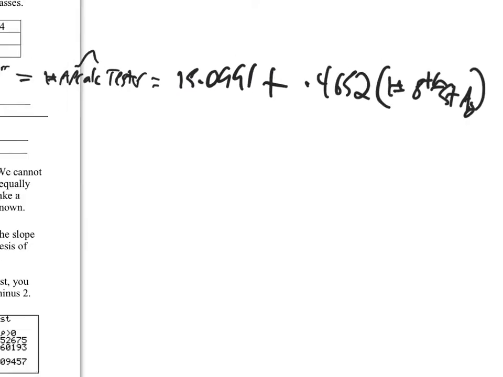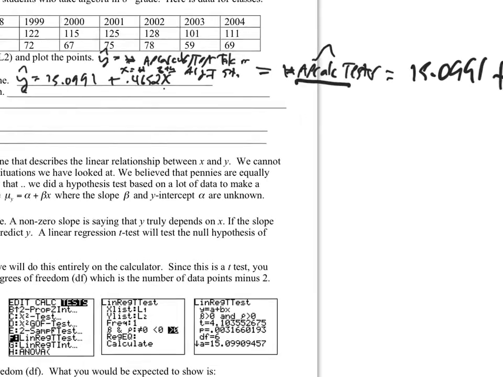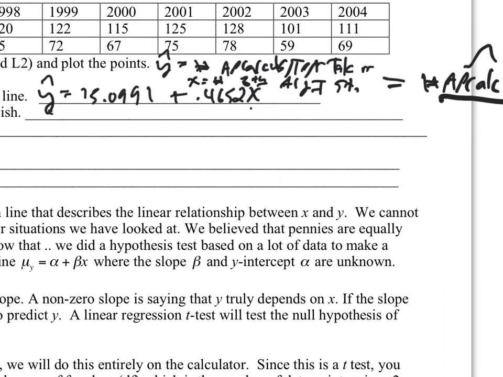You could actually identify your variables within the equation, or do it the old-fashioned way. Just write it out like this and then label what each variable is.